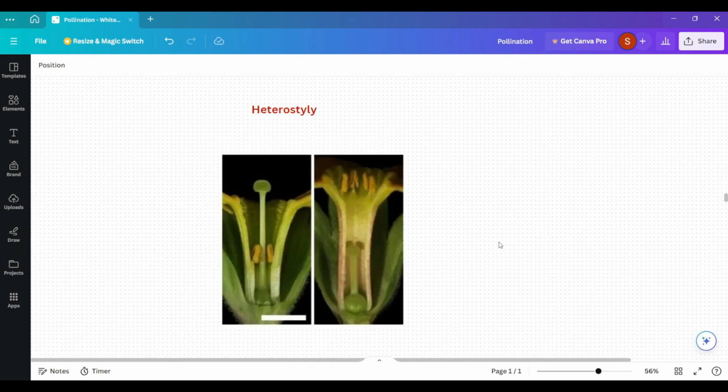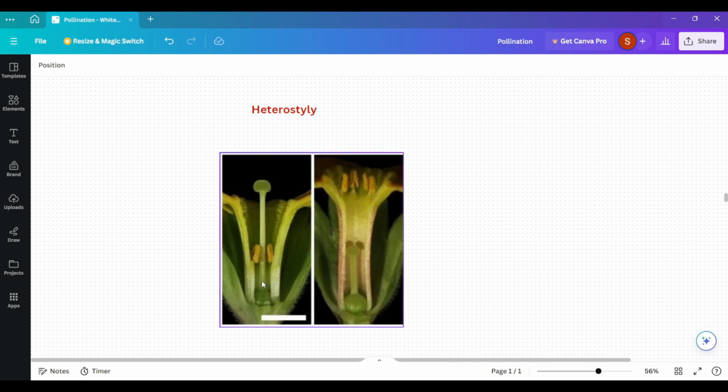The next condition is identified as heterostyly, where you can see the positions of anther and stigma are different. In both these flowers, you can find the difference in the position of the stigma and the stamen. Here the stigma is over here, the stamens are here, so that the pollen cannot come in contact with the stigma of the same flower.